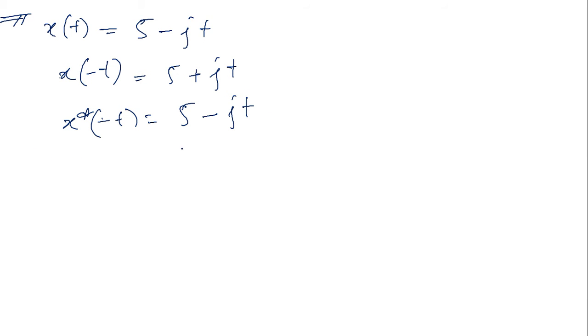Now we can say that it is conjugate symmetric, because these are the same. So we can write x of t equals the conjugate of x of minus t.